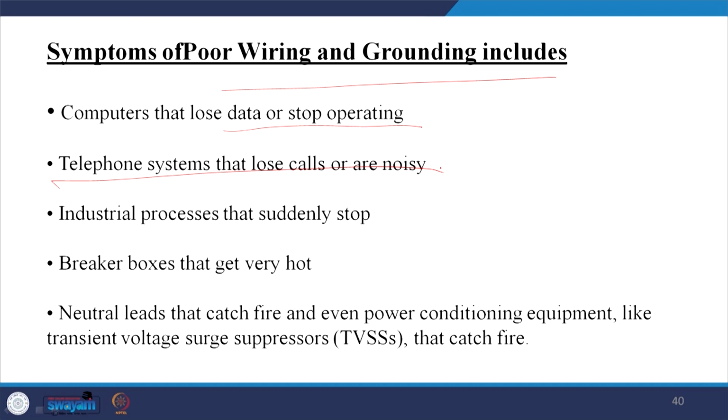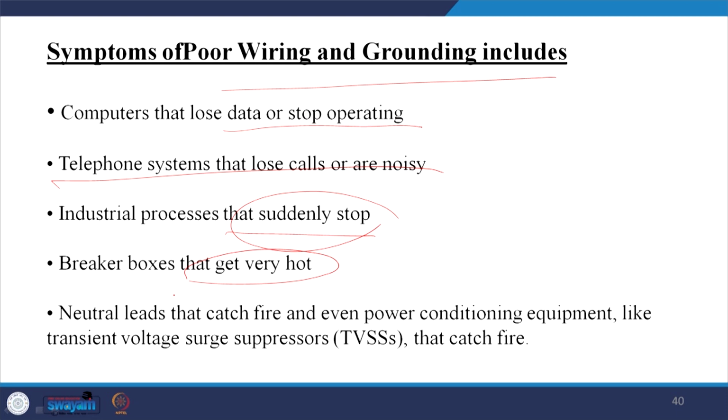Industrial processes that suddenly stop. Due to this, as I was talking about, let us say you have a resonance with the fifth harmonic and you are running a motor, what will happen is that all of a sudden, due to the high contamination of the fifth harmonic, it will crawl. Breaker boxes may get very hot because of this problem.